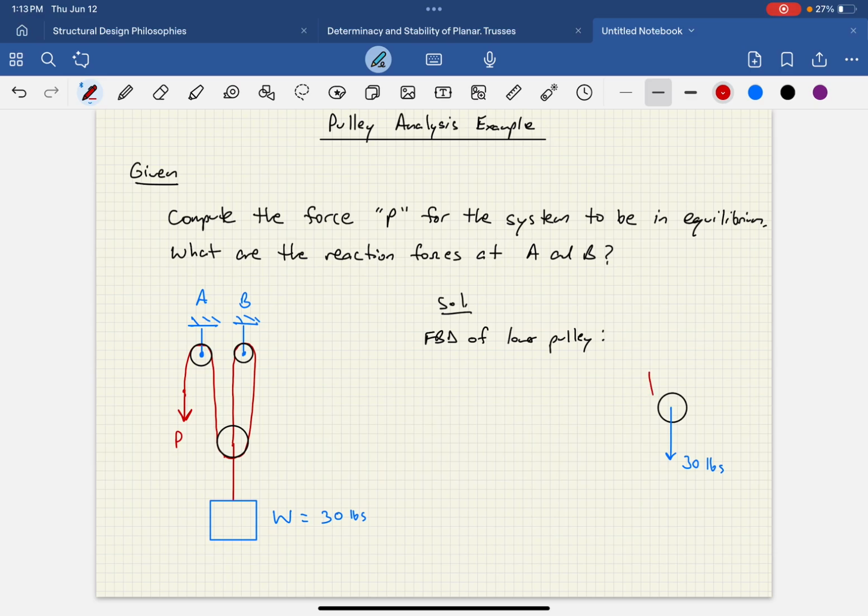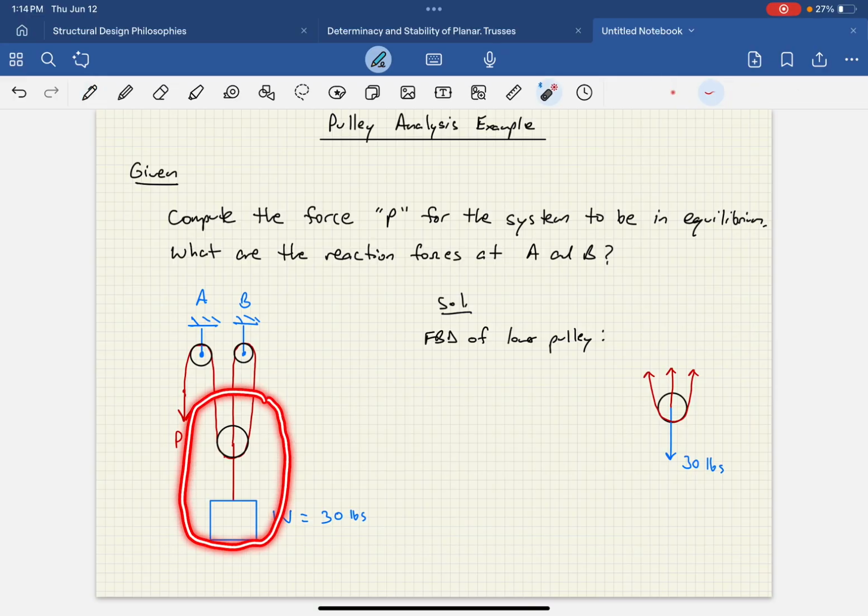Well, you're going to have the portion of the rope from either side of that pulley and the one coming off the center. Again, what I'm basically doing is looking at a free body diagram of what I'm circling here. So what do I see here? Well, I'm going to have the weight here, and I'm going to have these 3 forces coming off here.